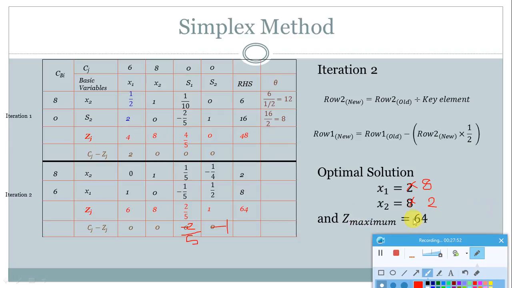In this way, by using the simplex method, the solution of the LPP can be obtained. Thank you.